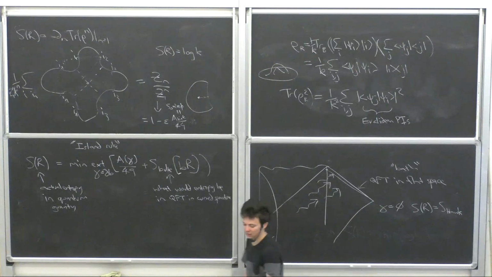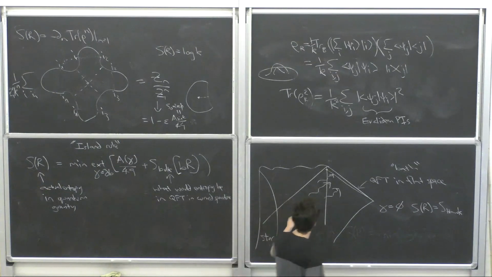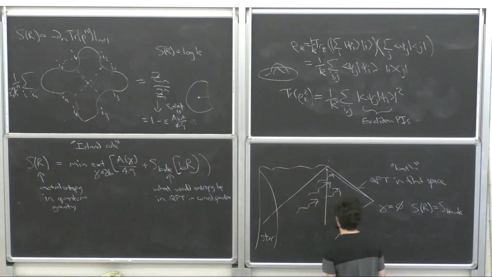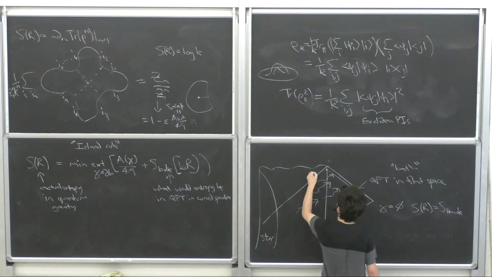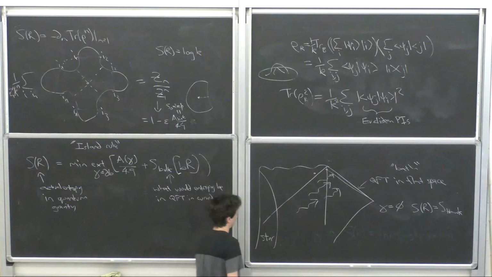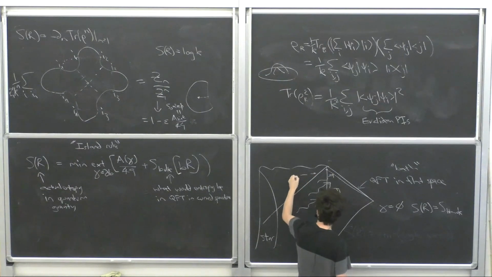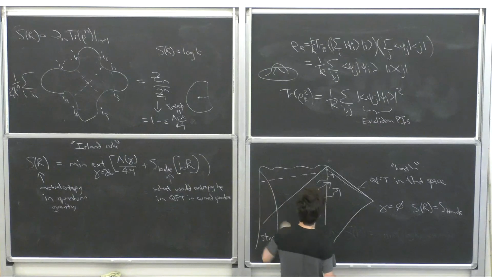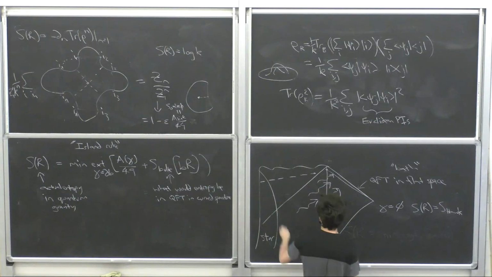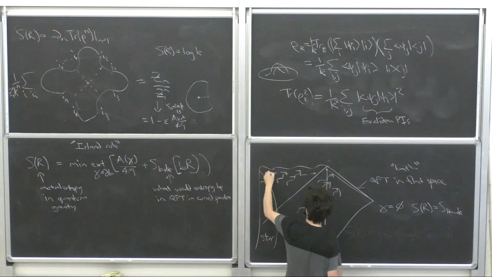There's another QES that sits near the horizon of the black hole, just like in the JT gravity toy model. Some surface that's roughly here. In this case, the region that goes through the branch cut, which is normally called the island, consists of everything down here, and in particular, it includes all the interior partners of the Hawking radiation.